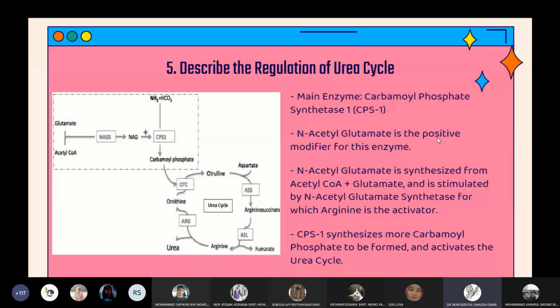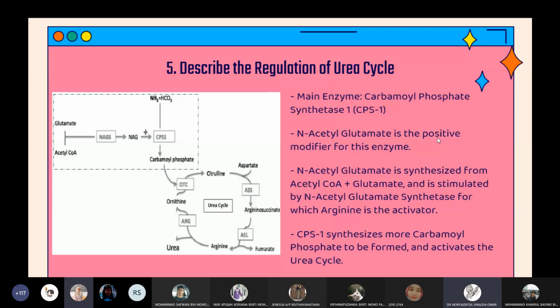Another question: how can the urea cycle interconnect with the Krebs cycle? Can or cannot?